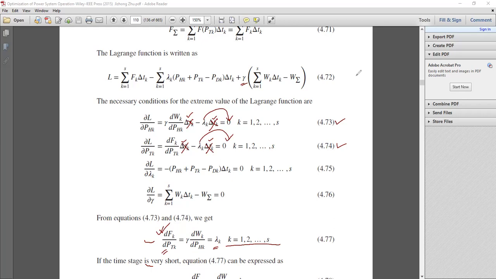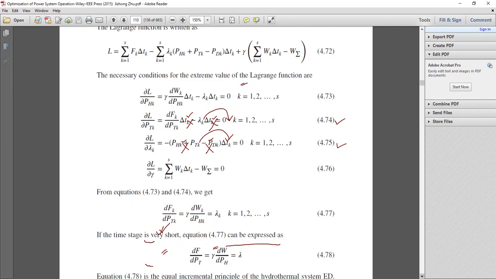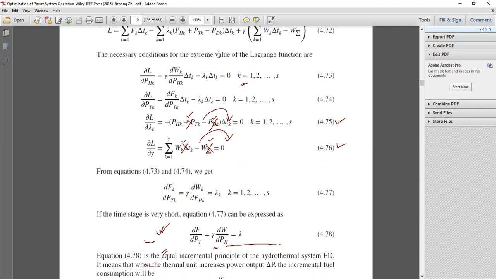So now if we take the time stage very short, of course, as I said, the time stage in general is taken as 1 hour for a day, then you can even get rid of the K and generalize this.